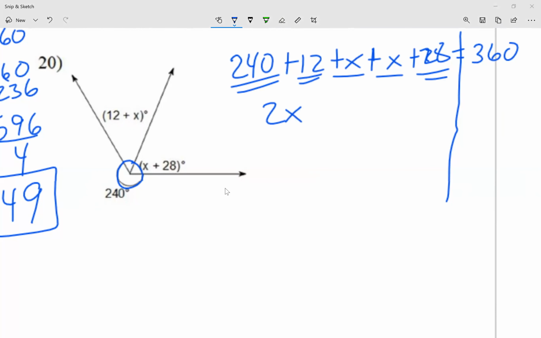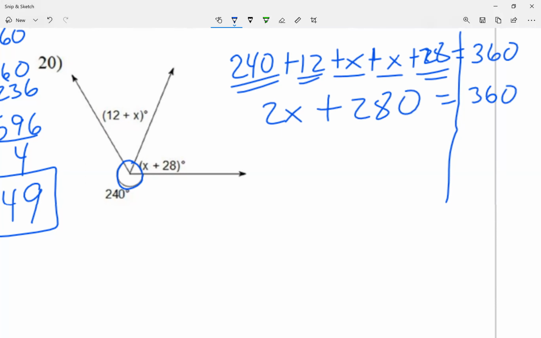That's 280. And I'm going to say all of this is equal to 360.